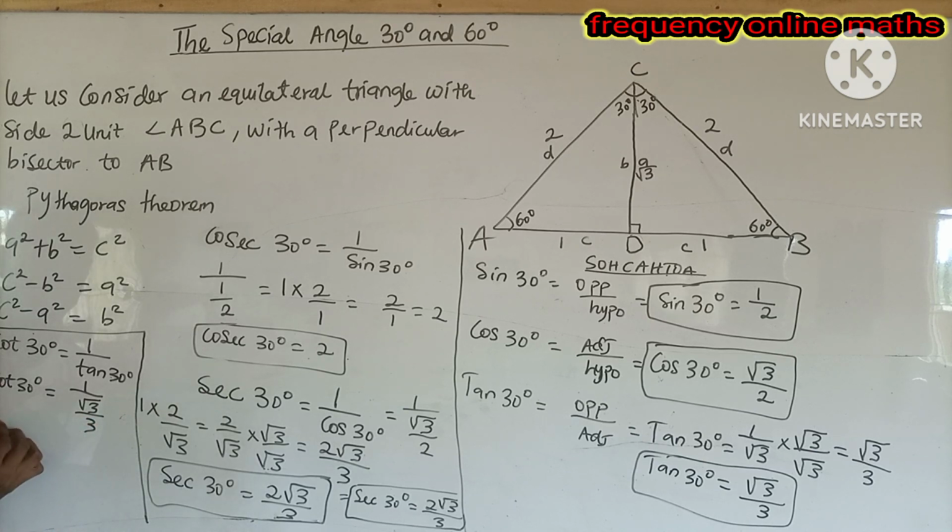So that cot 30 degrees is equal to 1 times 3 over root 3, which is 3 over root 3. We are going to rationalize. 3 over root 3 times root 3 over root 3. So we are going to have 3 root 3 over 3. That's the answer for cot 30 degrees.